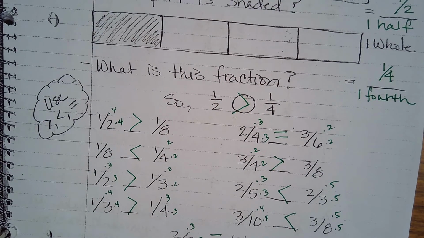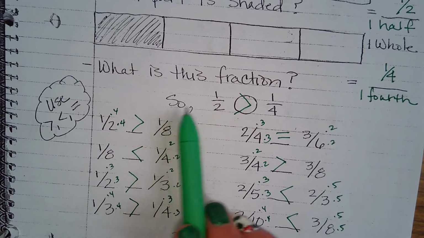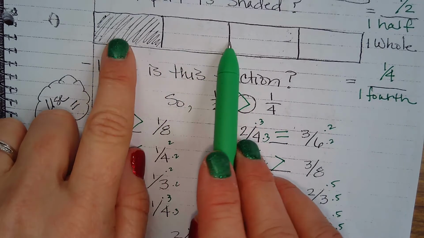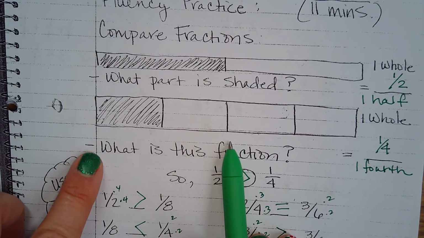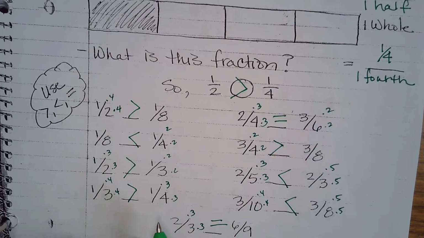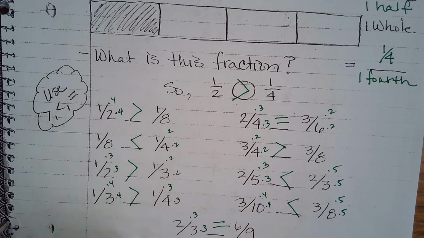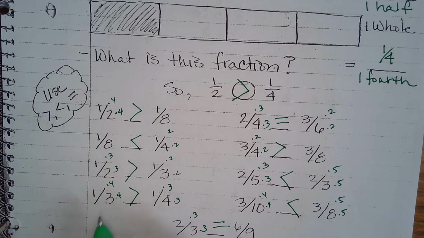All right, what is this fraction? Well, that was 1/4. So 1/2 is going to be greater than 1/4. Half is definitely greater than 1/4, correct? All right, so now let's come down here. And yes, you could use the butterfly method, but this I think is very effective.